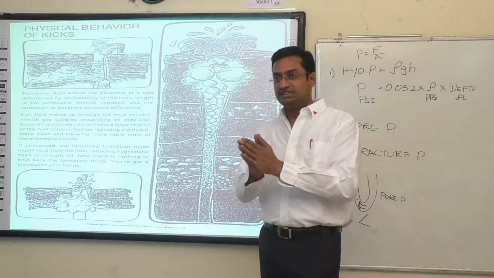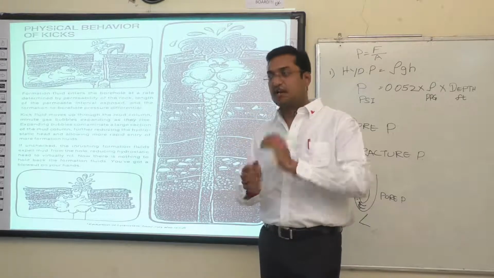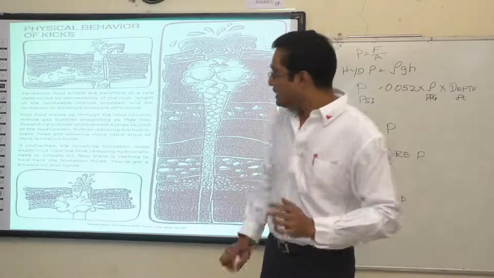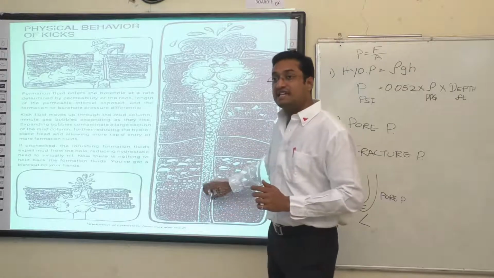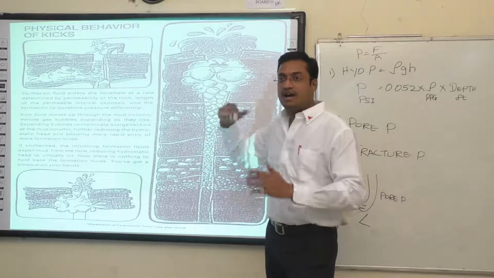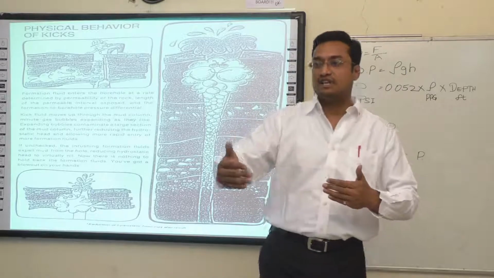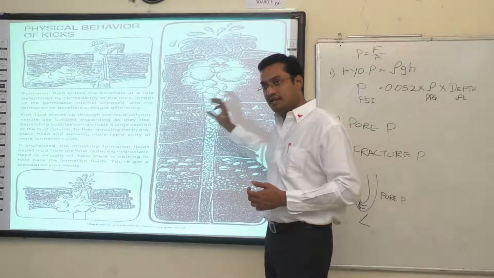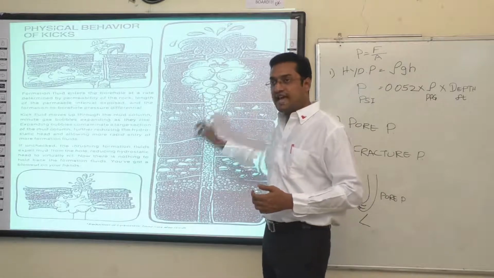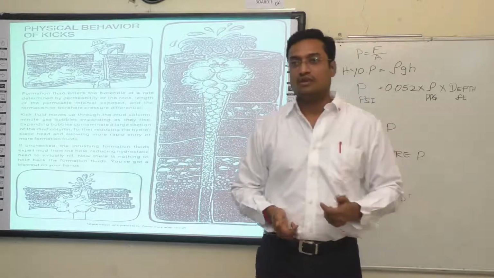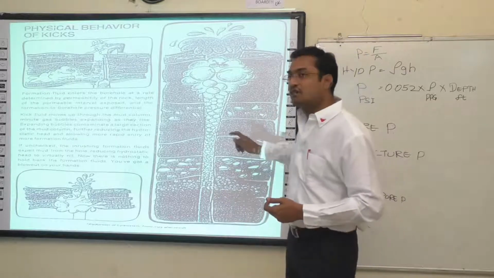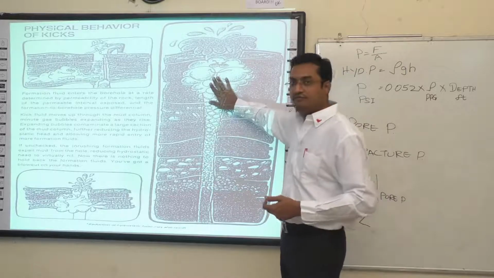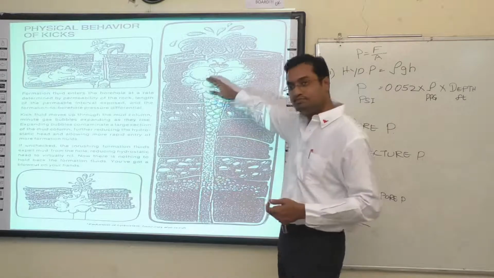But gas is compressible. Because of the high compressibility, when you get a gas kick, it starts expanding more and more and aggravates the well control situation very quickly. So if it is a water kick, it is easy to control. If it is a gas kick, it is going to be difficult to control. So you need to understand how gas getting into the wellbore is going to behave when it is traveling up.